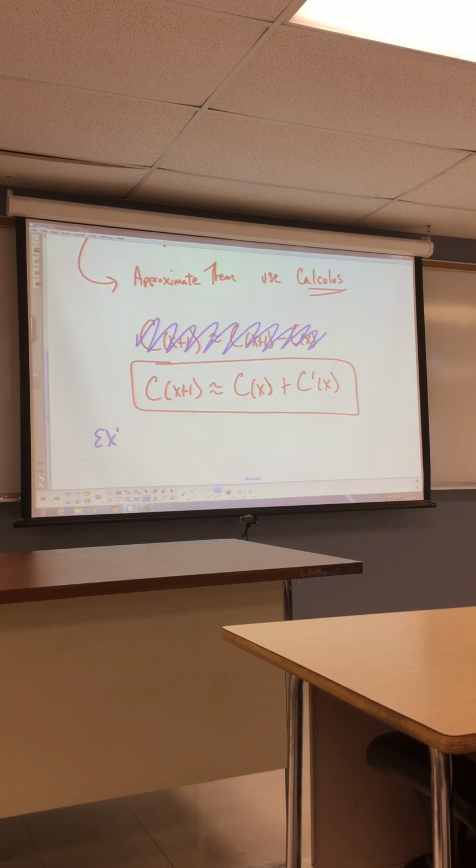As an example, the cost of 51 items is approximately equal to the cost of 50 items plus the marginal cost of the 50th item.